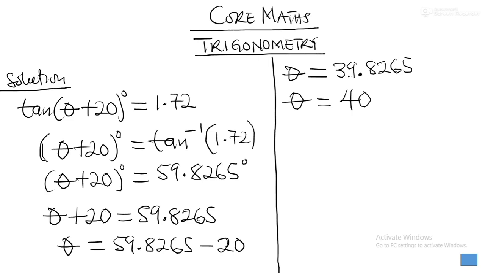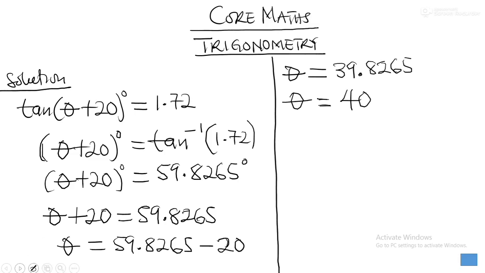After our 39, the next value after the decimal point is 8, so it's more than 5. So you add 1 to the 9 and you get 40. So the value of theta to the nearest degree is 40. Good. So students, this is the solution to example 1.